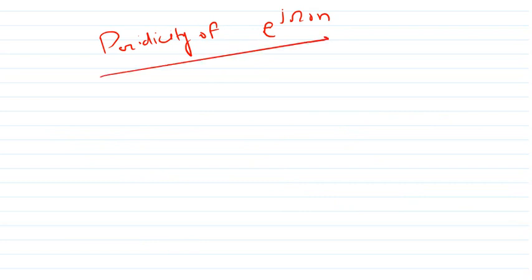Now we can find the periodicity of e raised to the power j omega naught n. I already told you that to find the period, the first step is to find omega naught divided by 2 pi.